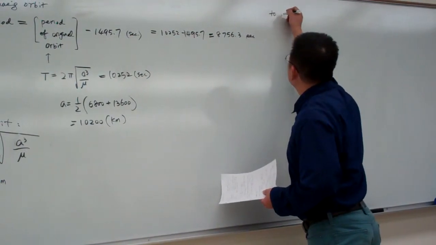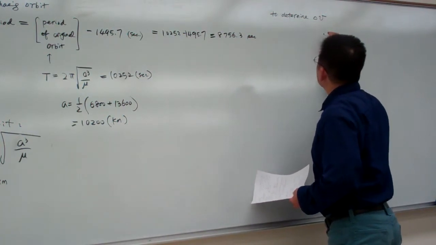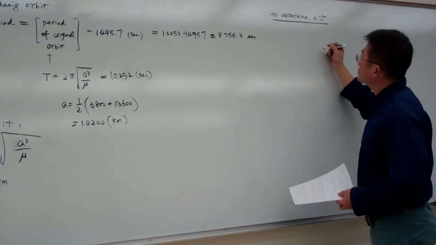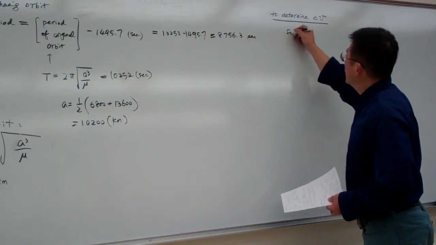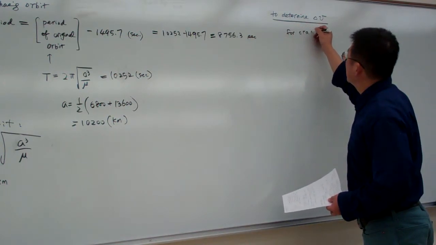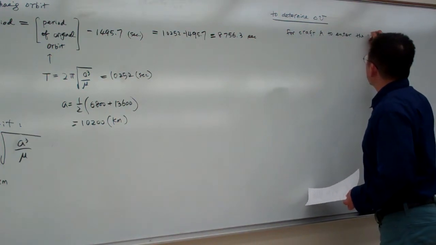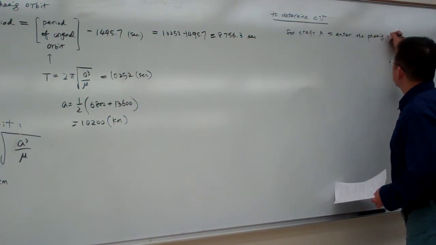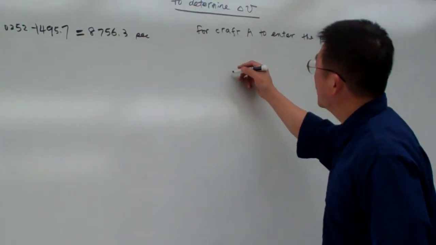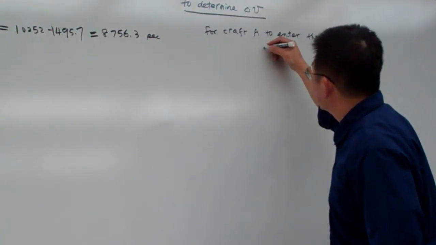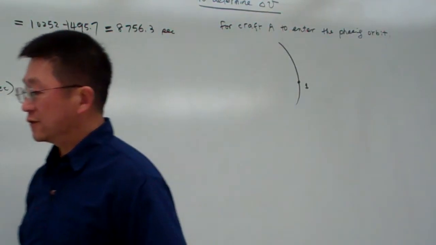So for spacecraft A to enter the phasing orbit, this is point 1.